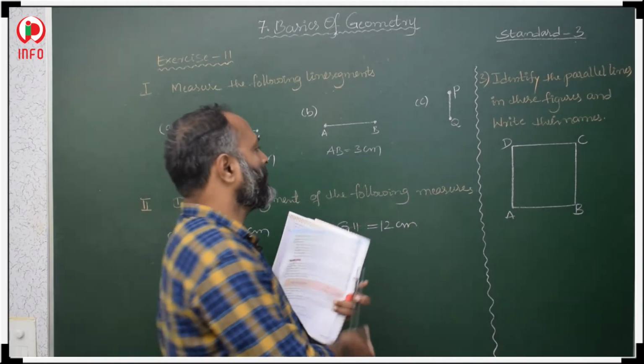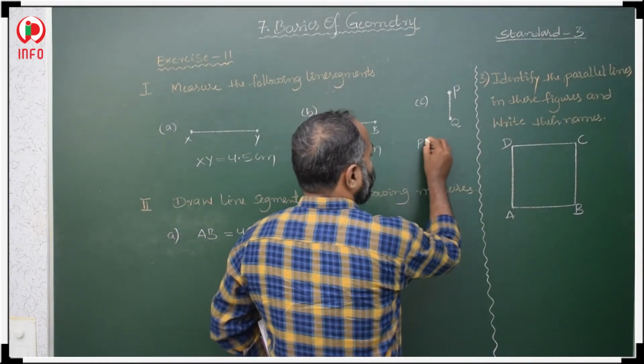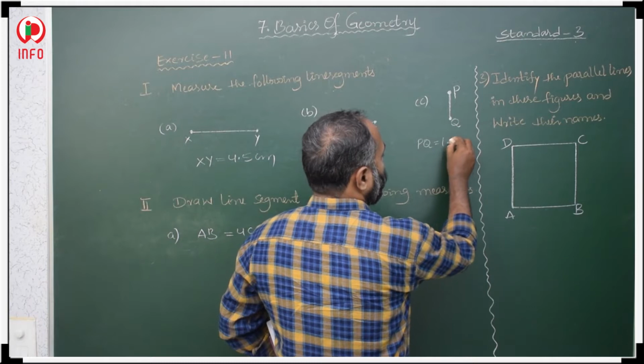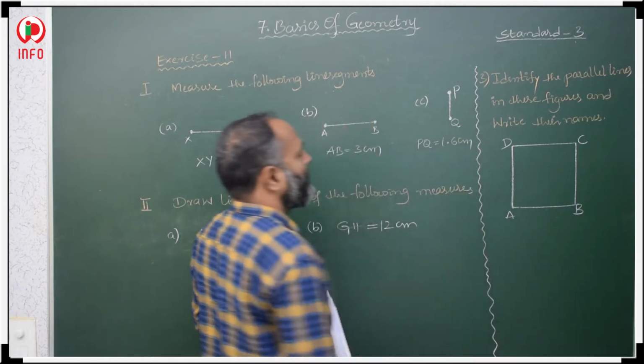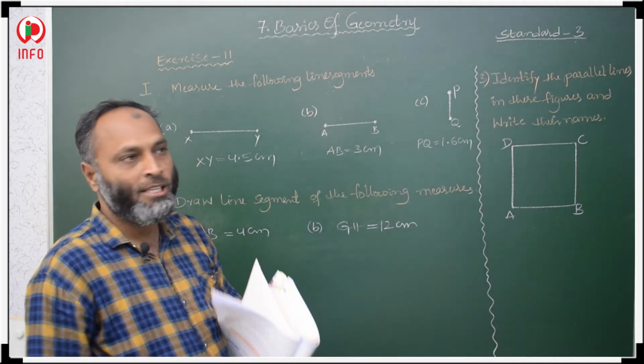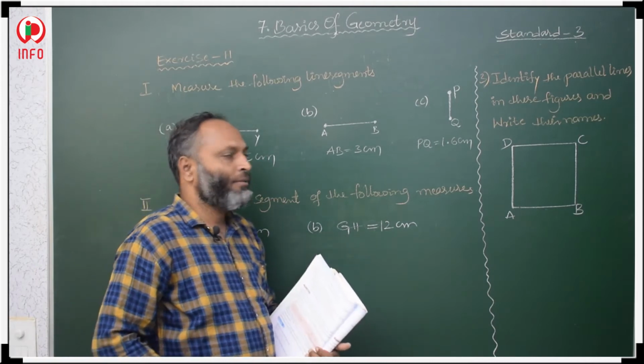So, the PQ line segment length is 1.6 centimeters.